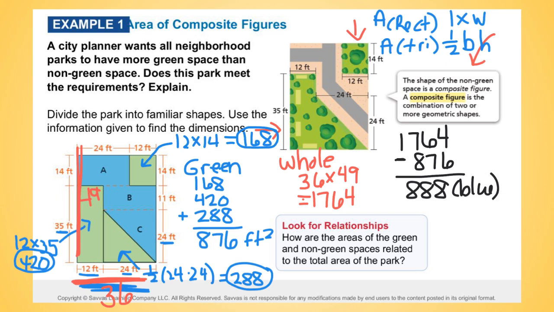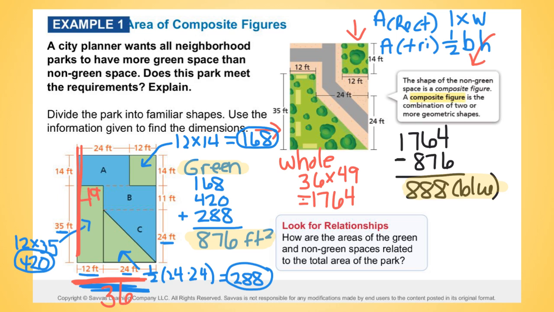So let me do some highlighting. We've got a lot of numbers on here. Our green spaces are this much, and our blue spaces are this much. And if you remember, the city planner wants to know if we have more green space than non-green space. And the answer to that is we don't. The green space is only 876, and the non is 888.